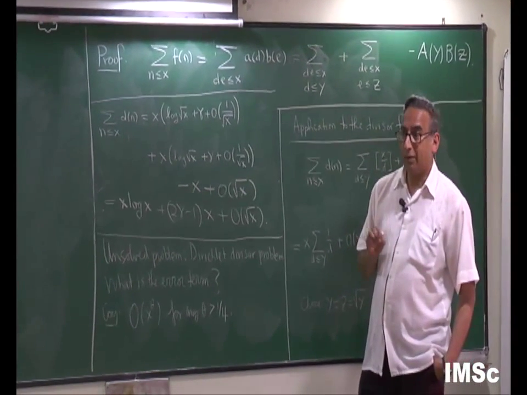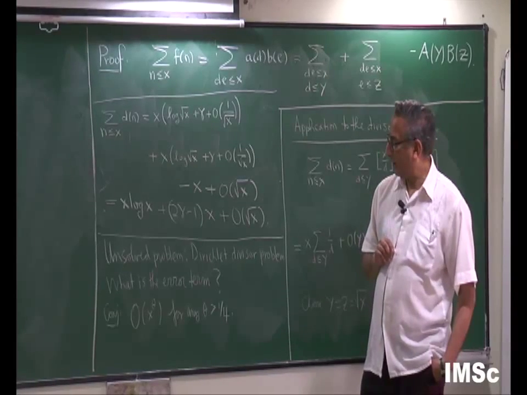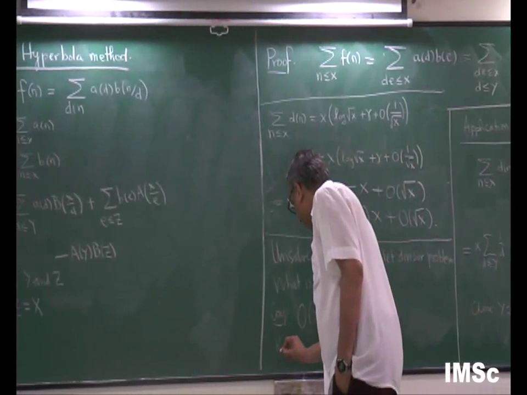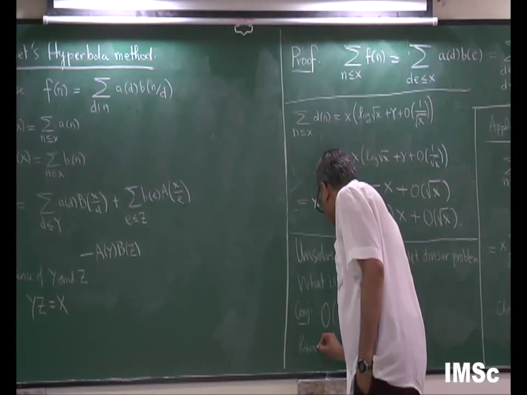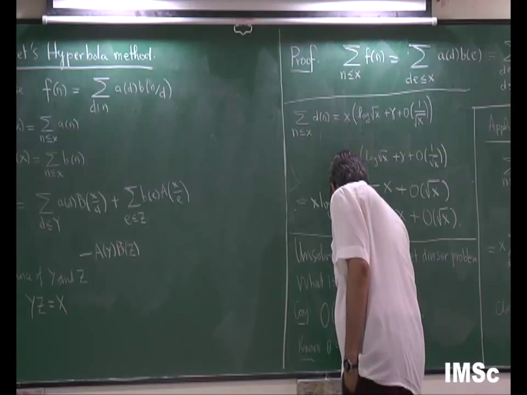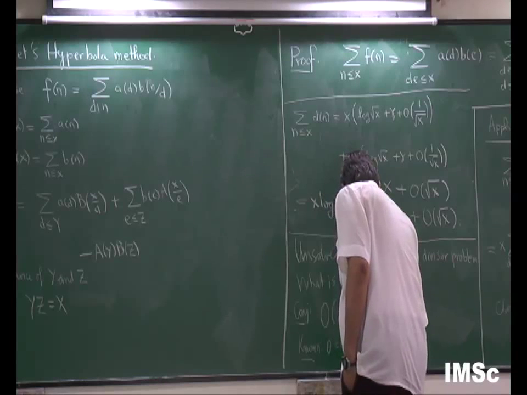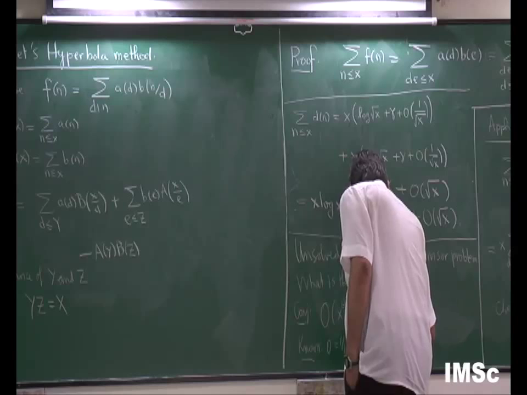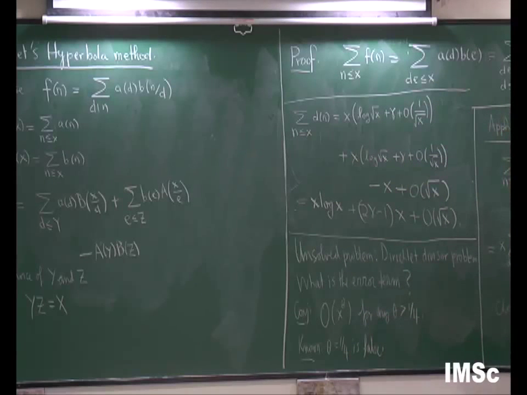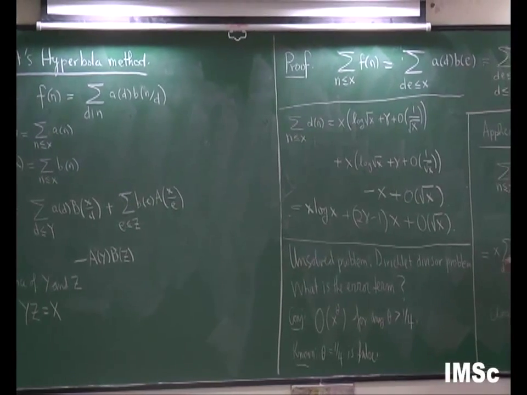These are called omega theorems in analytic number theory, okay? So it is known that theta equals a quarter is false. And I don't know the record, but I know that theta equals a third has been proved, and maybe something very close to a third is the record at the moment.